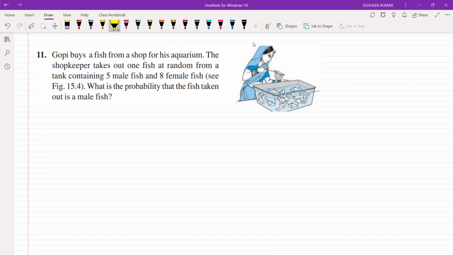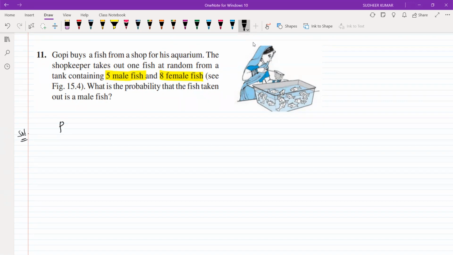Here Gopi buys a fish from a shop for his aquarium. The shopkeeper takes out one fish at random from a tank containing 5 male fish and 8 female fish. What's the probability that the fish taken out is a male fish? Write the statements, number of male fish and number of female fish.